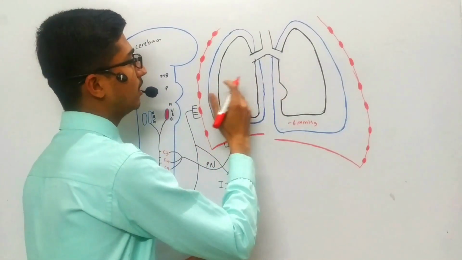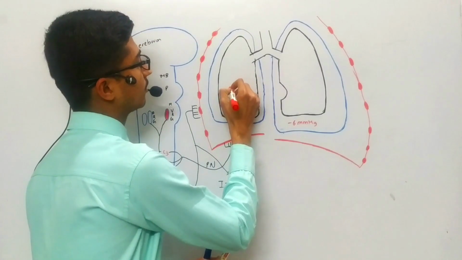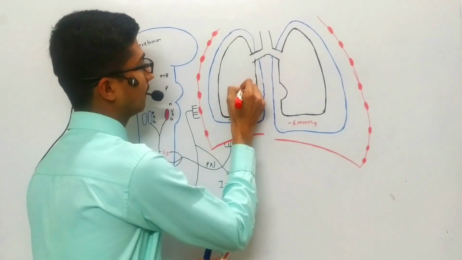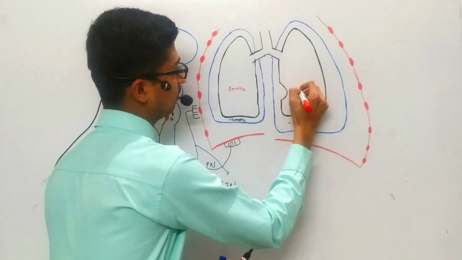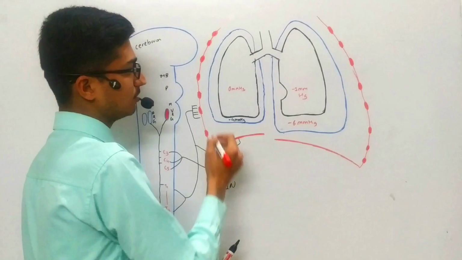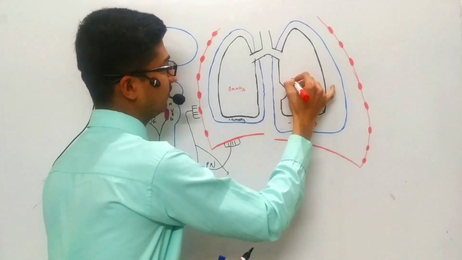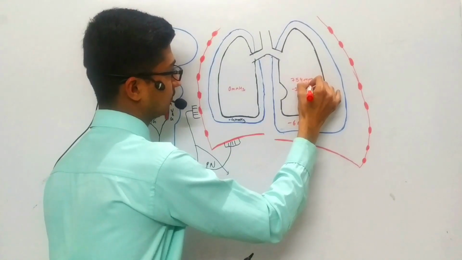Similarly, intrapulmonary pressure, which was about 0 mm of mercury, will also decrease to about -1 mm of mercury. So I can write here also 759 mm of mercury.